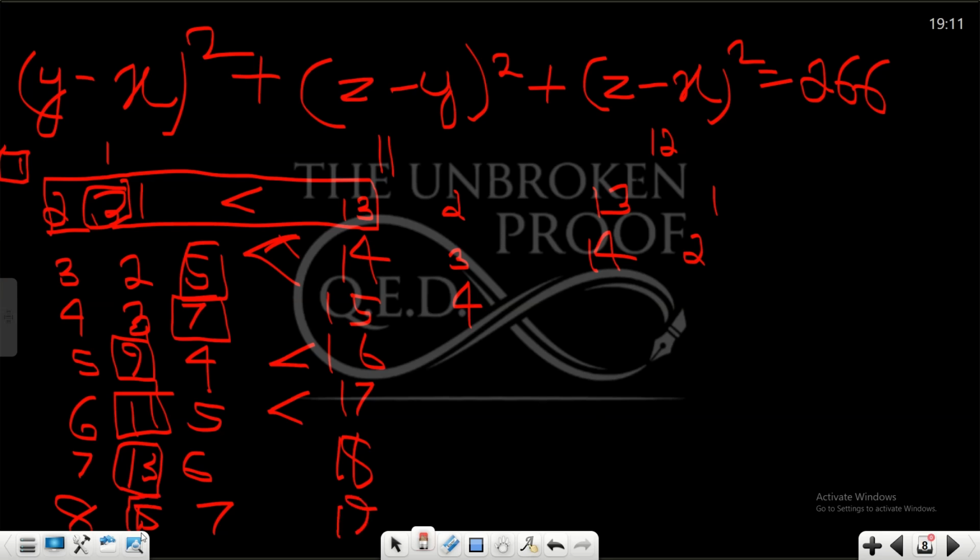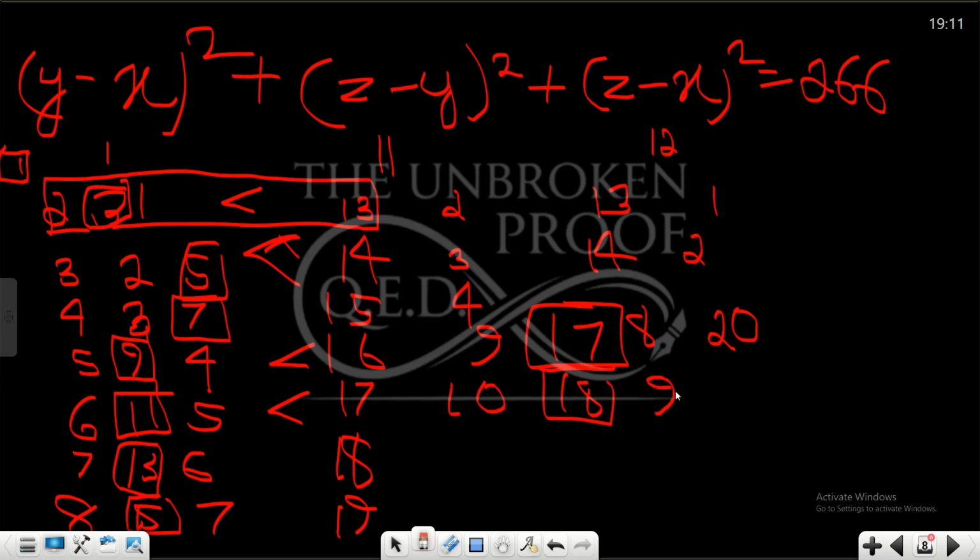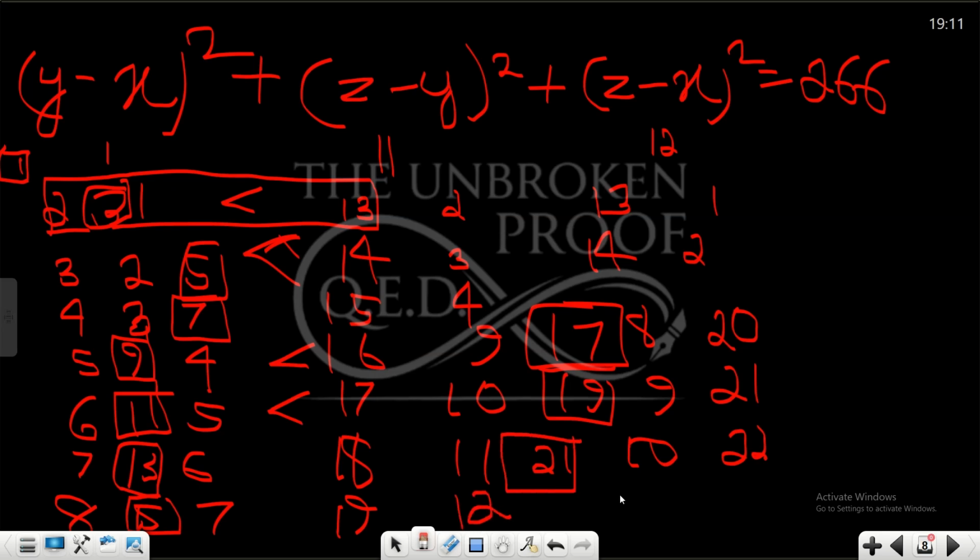If you keep going, you will get 17 and 20, then 19 and 21, then 11, 10 gives 21 and z is 22, and finally when you hit 12 and 11, the sum is 23.